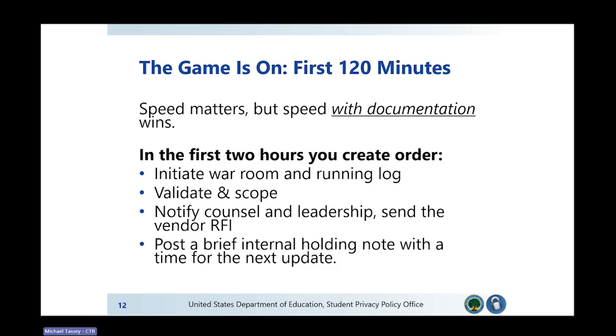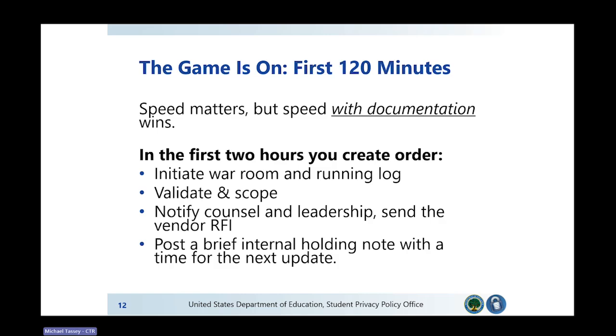In the first 2 hours, there's a lot going on, but the most important thing is that you need to create a structure that brings order to the process. So that could be initiating a war room, right? Getting your incident response team together, huddled in the same place with the resources they need, and start documentation. Make sure you get that log started so you document everything that you're doing, right?